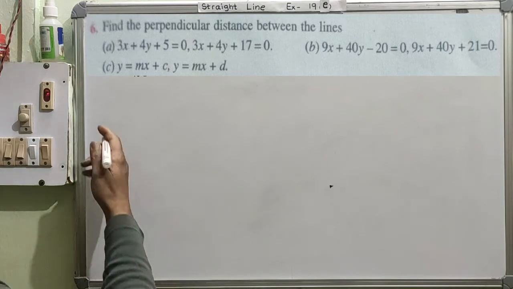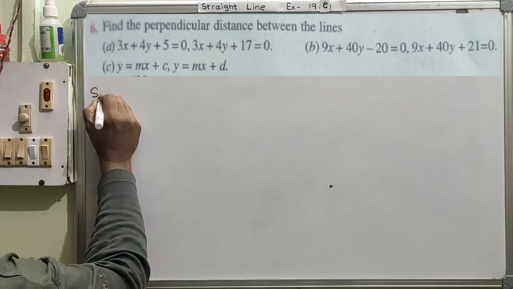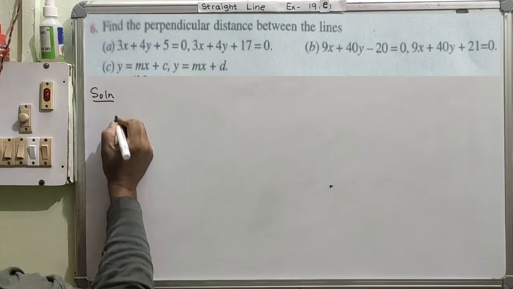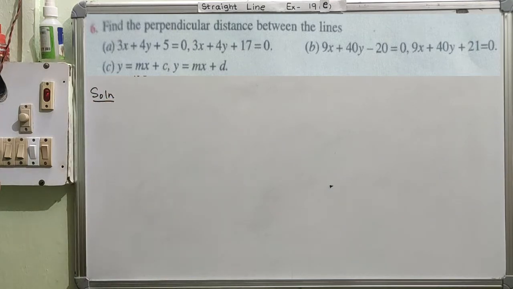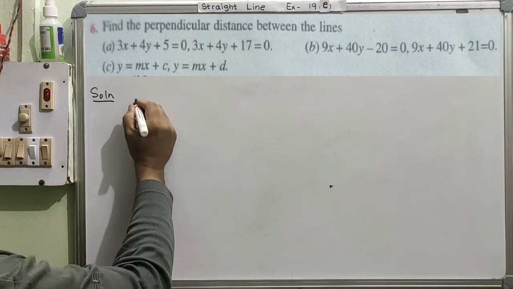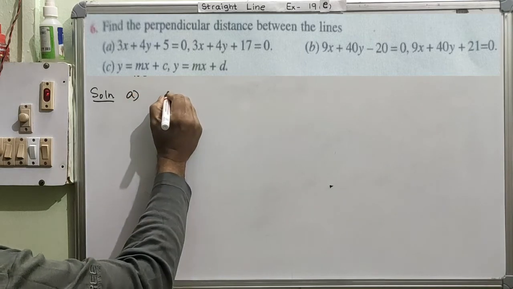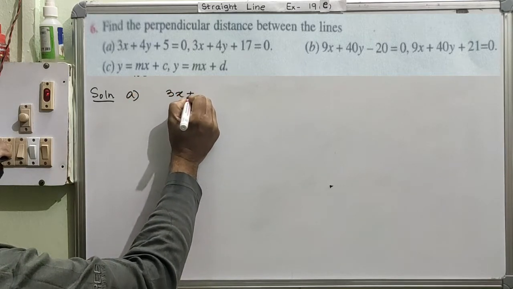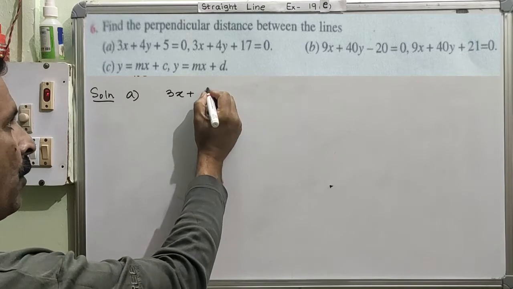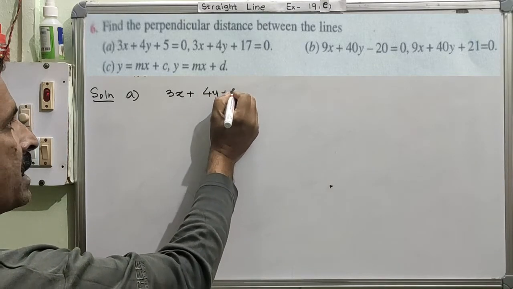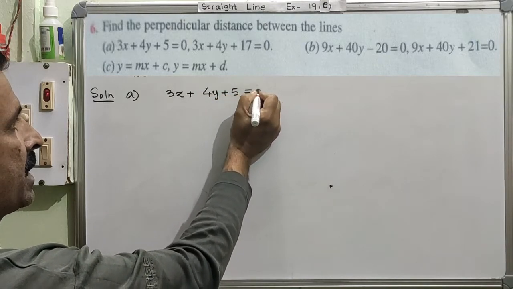In order to find the perpendicular distance, let us start the solution. The first equation we have for part A is 3x plus 4y plus 5 is equal to 0.